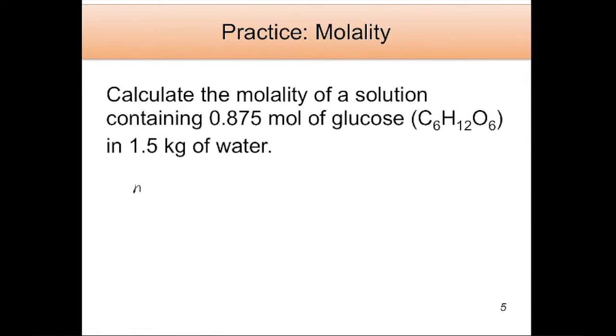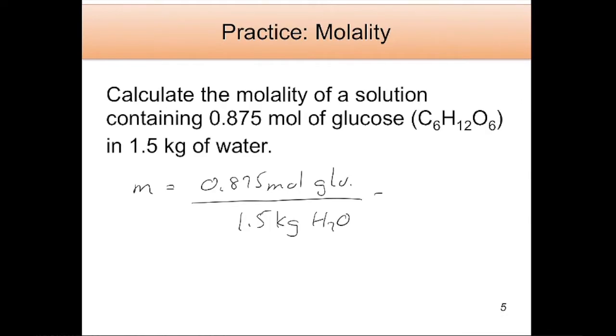So we're going to have the molality equals 0.875 moles of glucose divided by 1.5 kilograms of water. And that's going to equal 0.58 molal. So that's a very simple calculation. We'll get into some more difficult ones a little bit later.